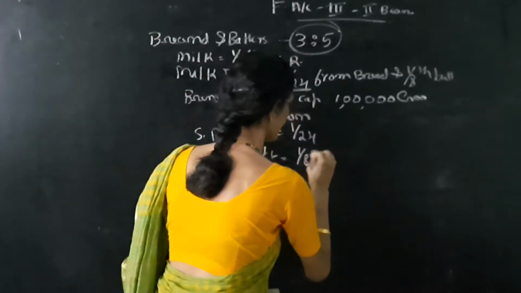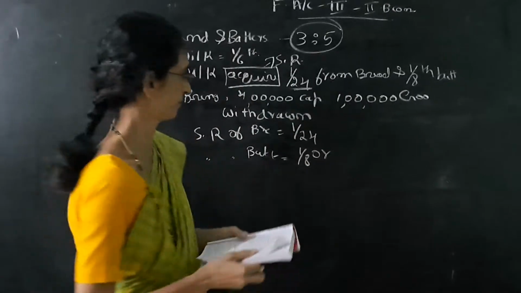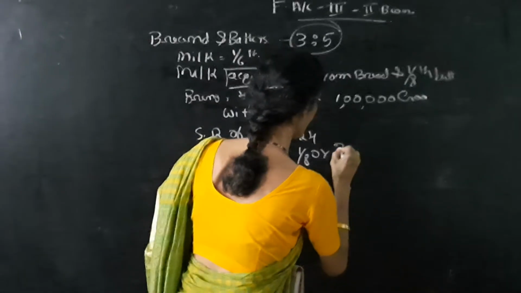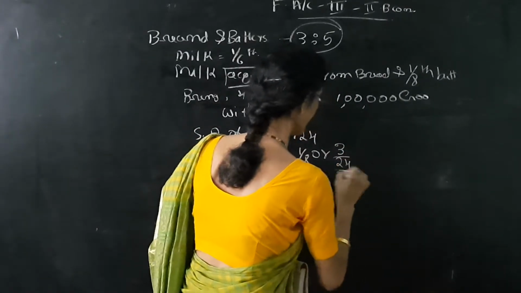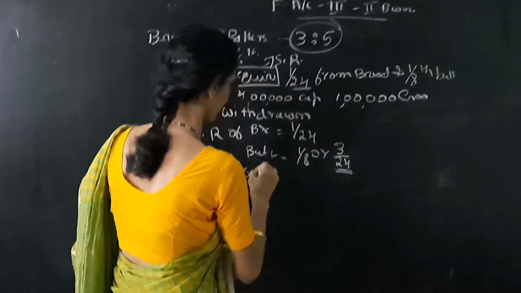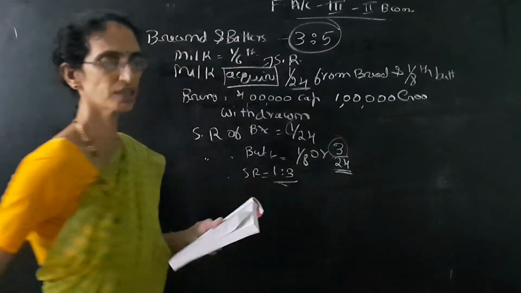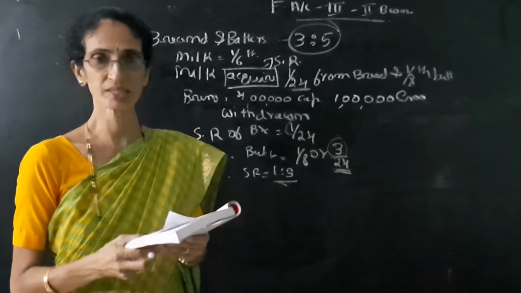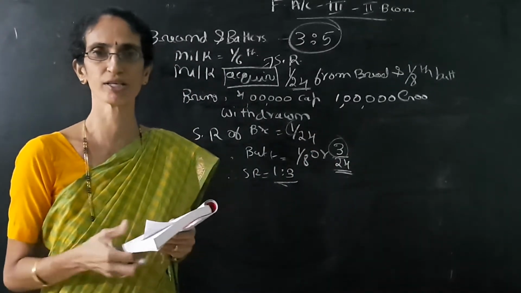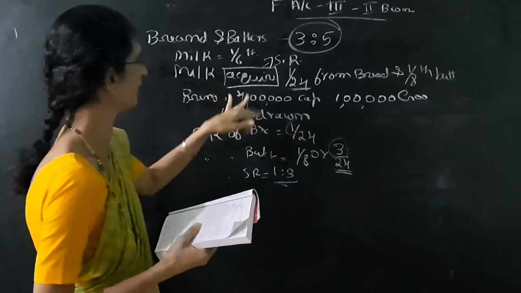We have to convert it into 24. So it is 3/24. So the sacrifice ratio is 1:3. Now we have to pass the entry for the bringing of cash and goodwill.